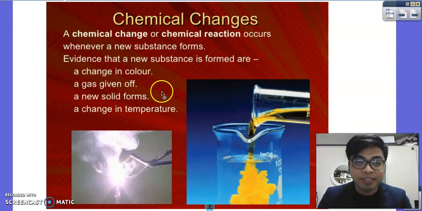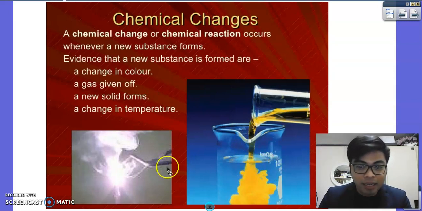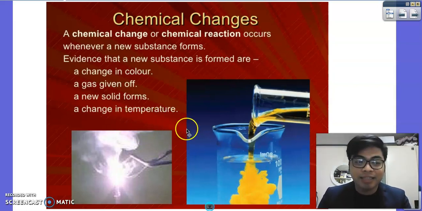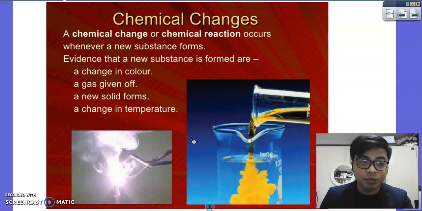We call this a precipitate, just like this one. Precipitates or solid formation occur in the reaction, and there is a change in temperature because heat is released or heat is involved in chemical reactions.